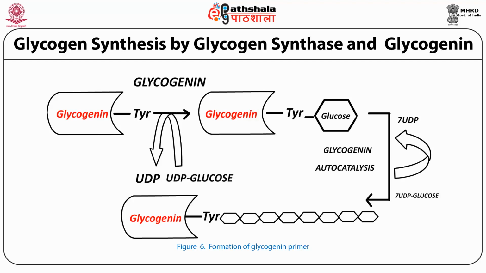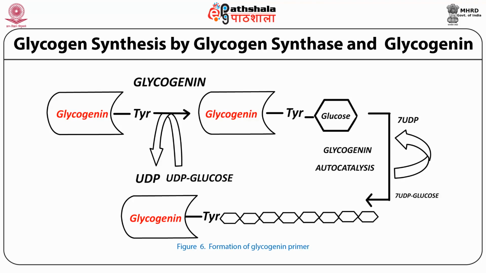Then it autocatalytically extends the glucan chain up to 7 residues long. This glucose is donated by UDP glucose. In this form, glycogenin can act as a primer.